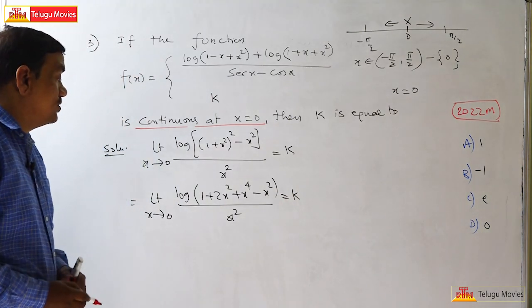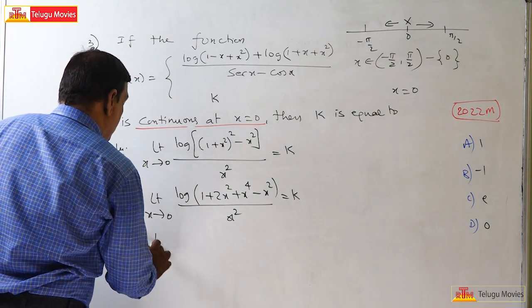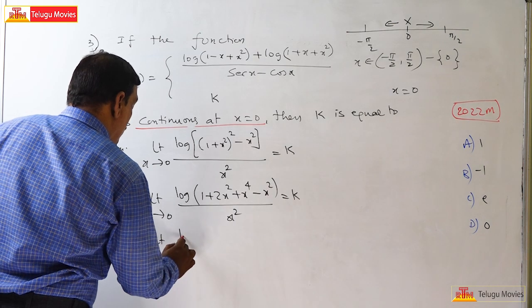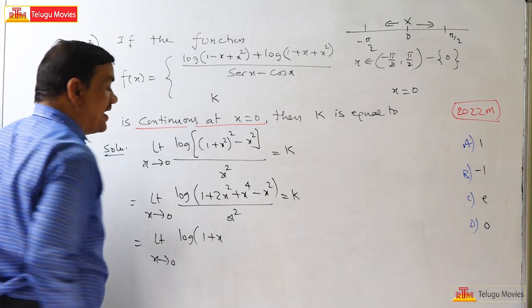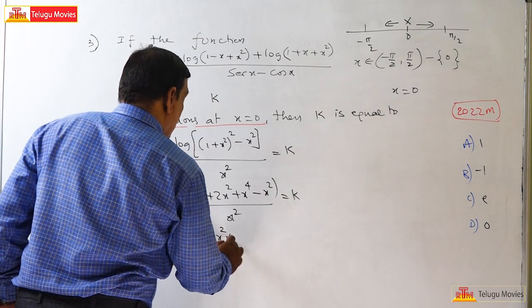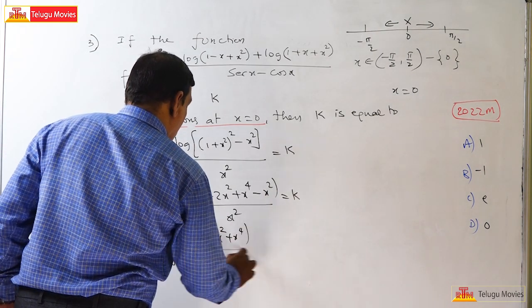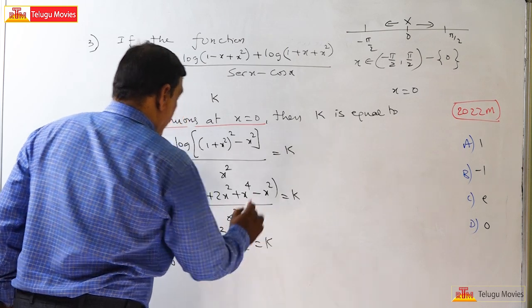Once again, this is limit x tends to 0 of log of 1 plus 2x square minus x square plus x to the power 4, by x square is equal to k.